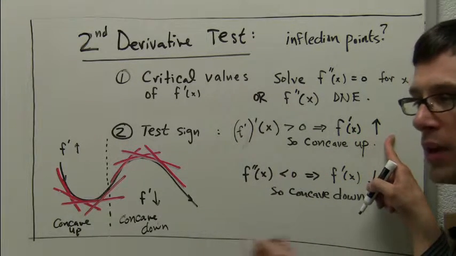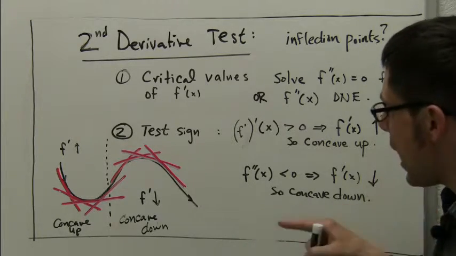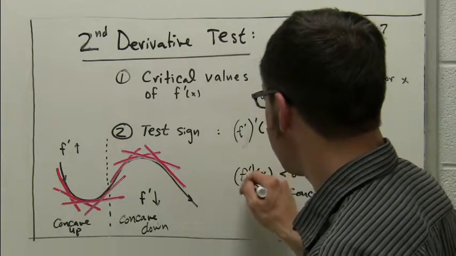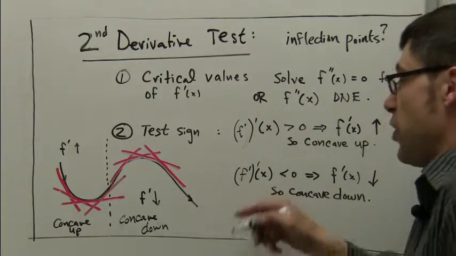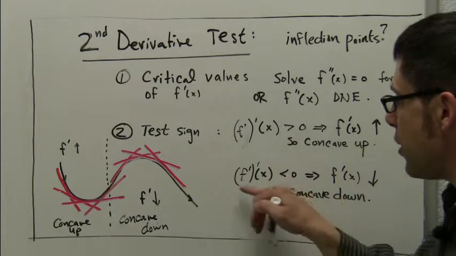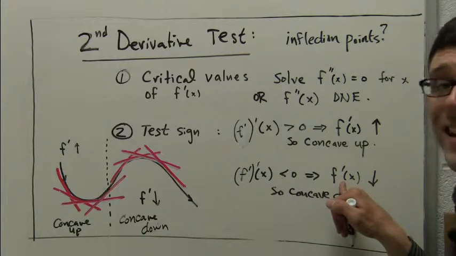This is how we make an analogy between the second and first derivative tests. And if the derivative of the derivative is negative, that tells me that the original function inside here, which is the first derivative, is decreasing.